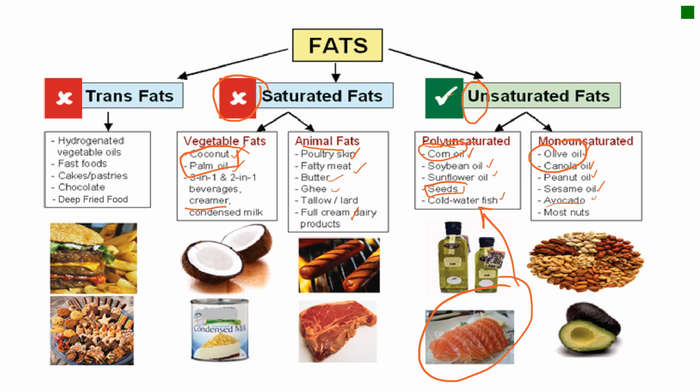So even though you put creamer in your coffee, it is also a saturated fat. So putting in milk and creamer, both will give you saturated fat. Okay, condensed milk also has saturated fatty acid. Right? Again, try to limit as much as you can the consumption of saturated fat.